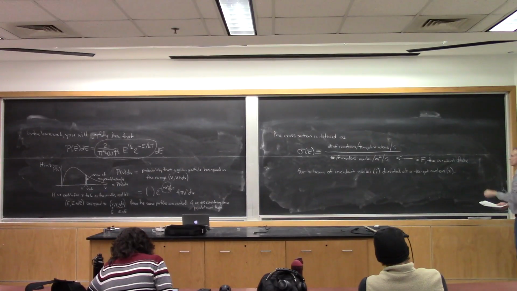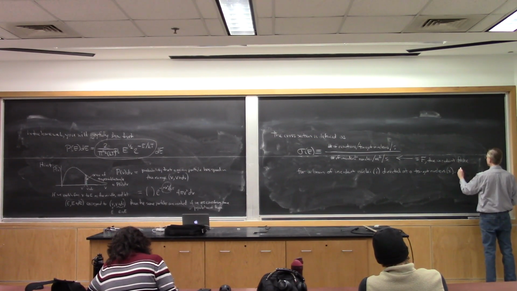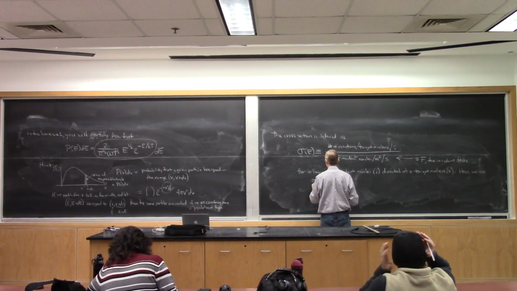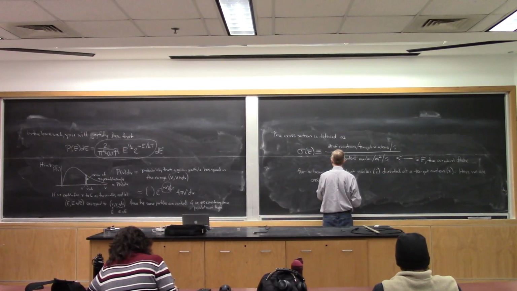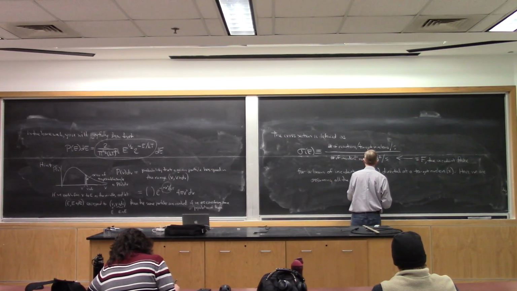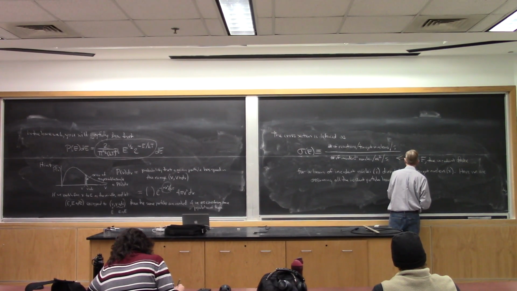If we got rid of the E, if we just said sigma in general, it would be adding this up for all possible energies. It's sigma of E here where we're assuming all the incident particles have energy E. They're all coming in with the same energy, therefore the same speed.